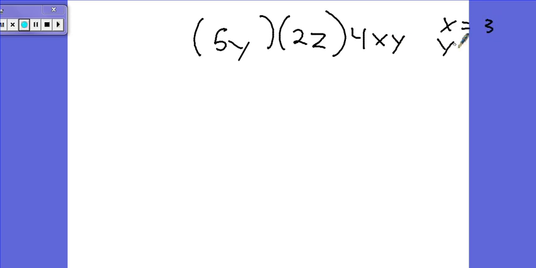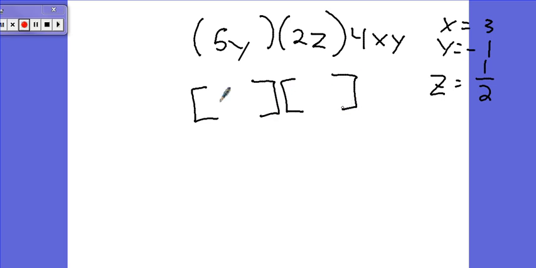All right, here's another one. 5y times 2z times 4xy. x equals 3, y equals negative 1, and z equals 1/2. I'm going to change these parentheses into the braces, like that. 5 times parentheses, 2 times parentheses, 4 times parentheses, parentheses.